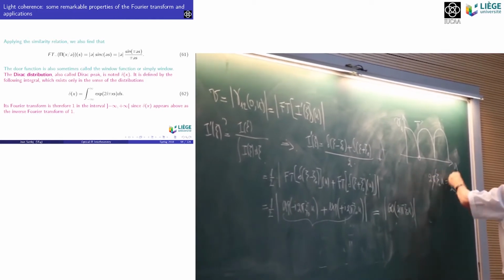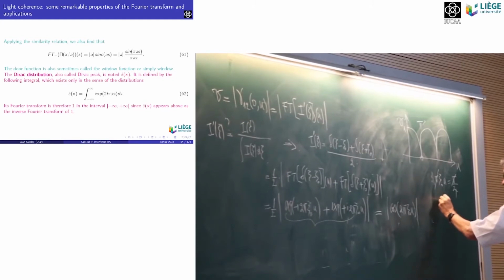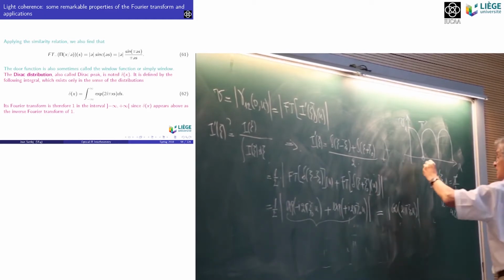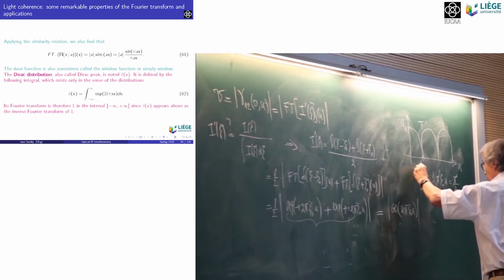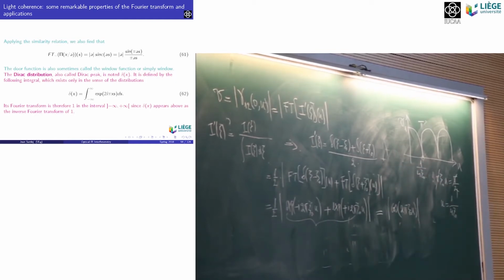So the π simplifies, the 2 here becomes a 4. So I find that u will be equal to 1 over 4ζ0. Correct? So this is 1 over 4ζ0.